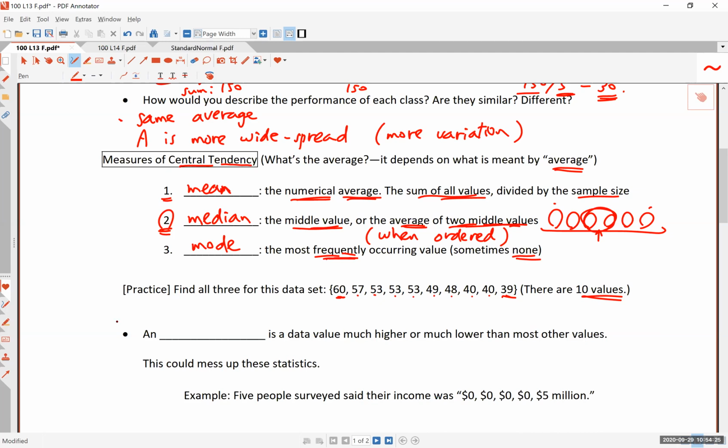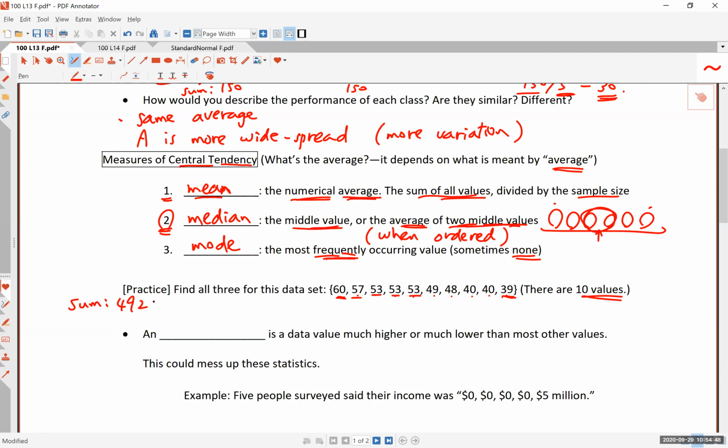In this case, how do you find the mean? Okay, well, you have to add up all the numbers in here. Okay, so the sum of all of these numbers. All right, so what you have to do is to add 60 plus 57 plus 53 plus 53 plus 53 plus, and so on until the end. Okay, and if you add them up, the total is going to be 492.